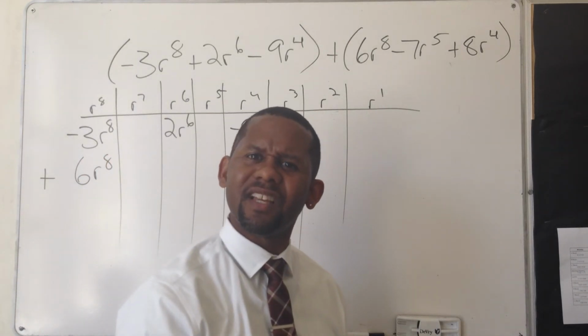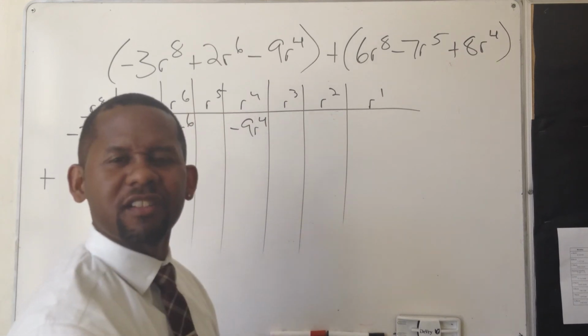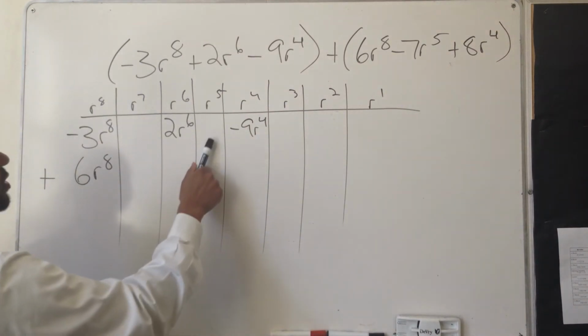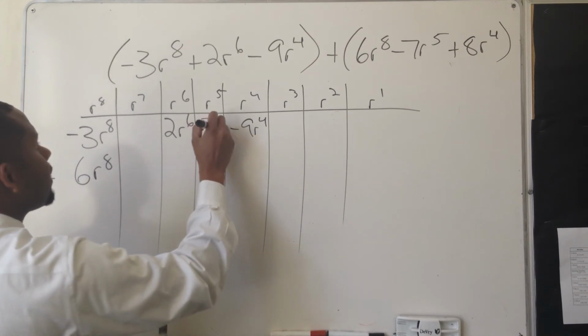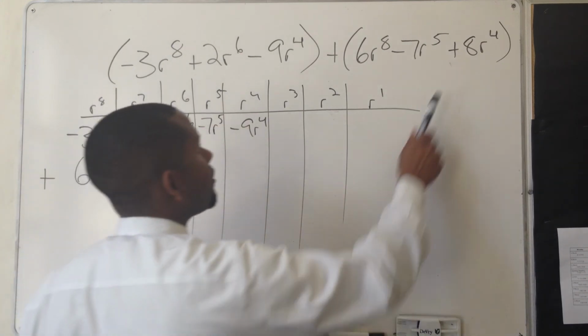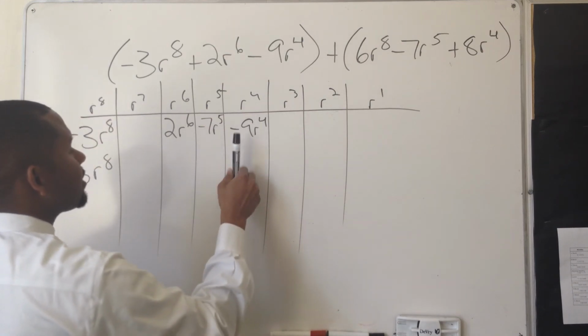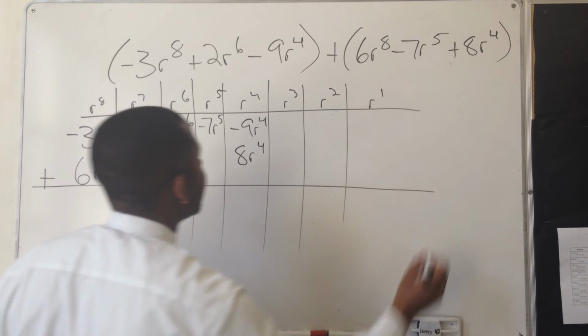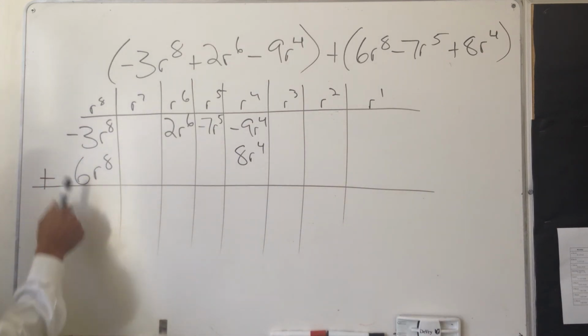I've never done it like this, but I like it. It makes sense. Negative 7r to the 5th goes in my r to the 5th column. 8r to the 4th goes in this column. I just put my stuff together.